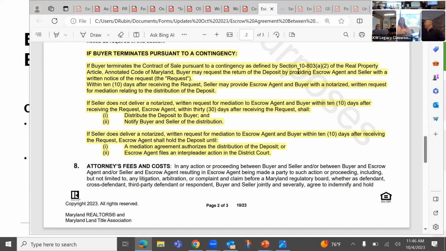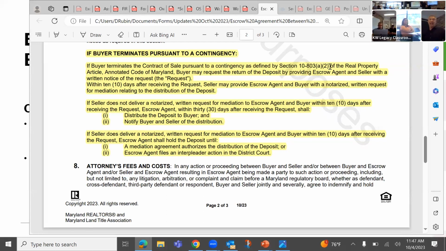if the buyer terminates pursuant to a contingency, as defined by section 10-803A2, and that is important for reasons I will go into, the buyer may request the return of deposit by written notice to the escrow agent and the seller.